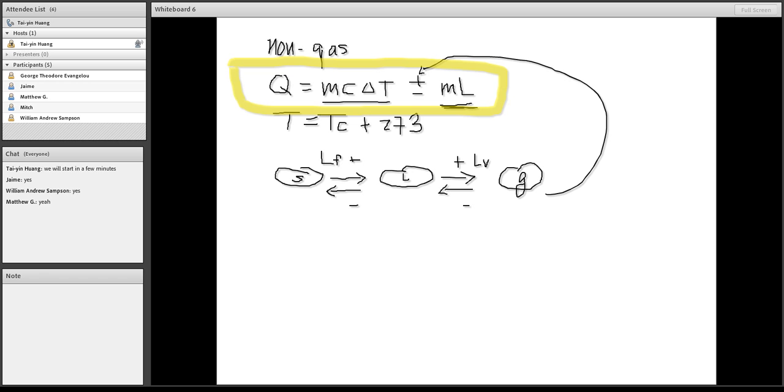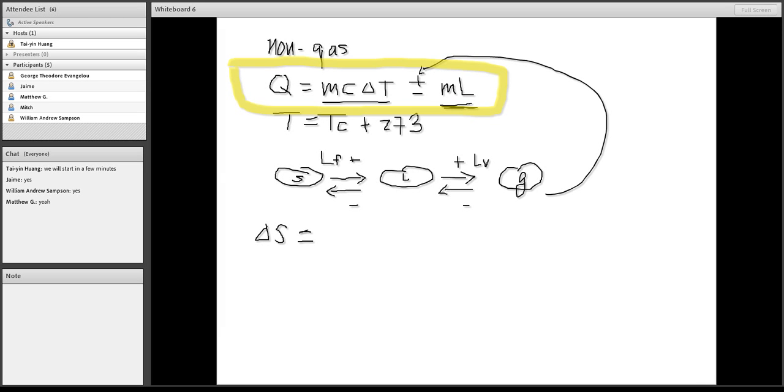And like I mentioned, you also need to know how to calculate the entropy change. For non-gas material, based on the heat exchange, you can derive that the entropy change should also involve two terms: one when the process involves a temperature change, and the other when the phase transition is taking place.